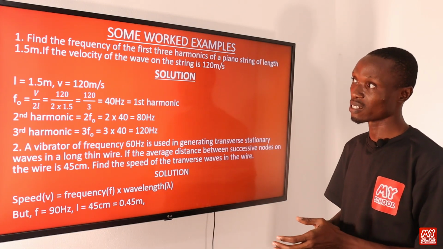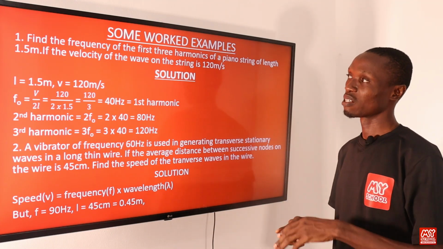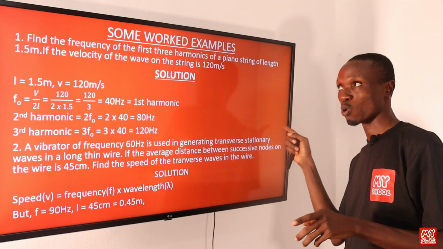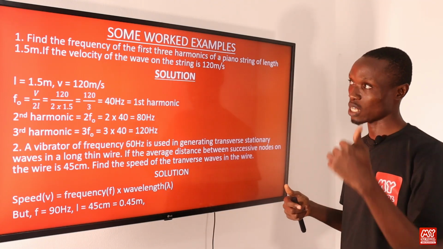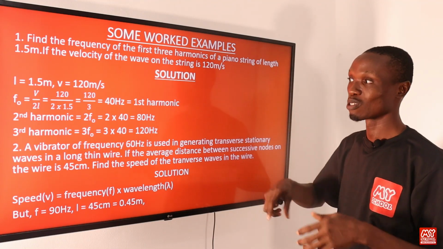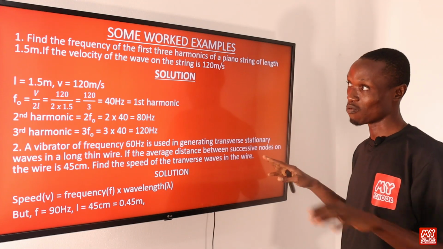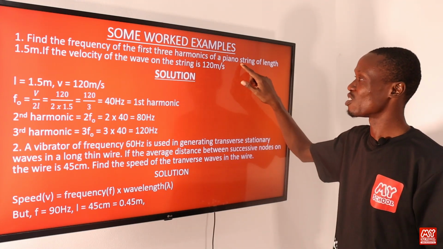Here we are asked to calculate the first 3 harmonics. Remember that the first harmonic is equal to the fundamental frequency, the second harmonic is 2 times the fundamental frequency, and the third harmonic is 3 times the fundamental frequency. So it's very easy. Now remember, this question is about a string.